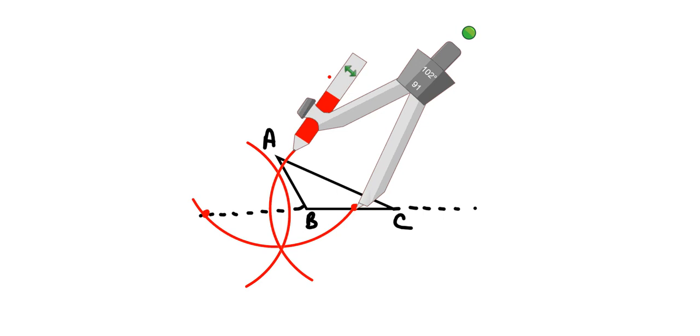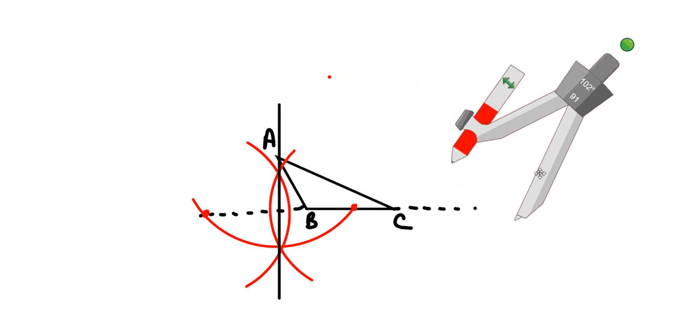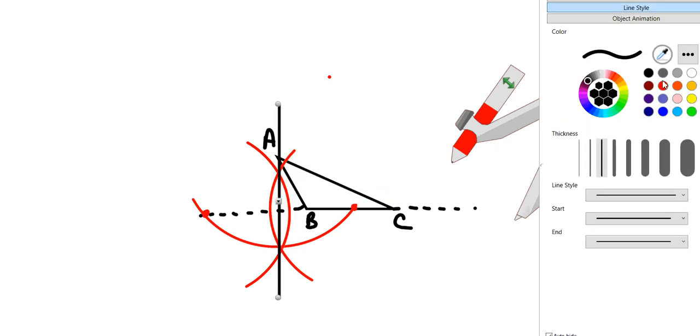And if we did this right, the perpendicular goes through A and through both of those intersection points. They should line up. So this segment is an altitude, and we're going to color it red for convenience.